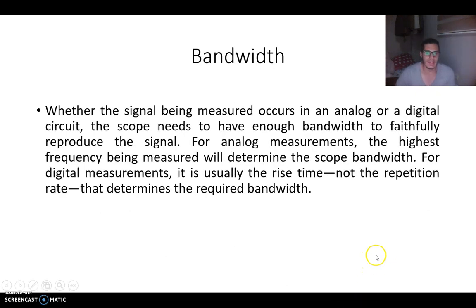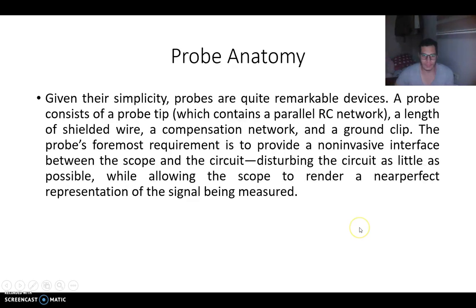Bandwidth: whether the signal being measured occurs in an analog or digital circuit, the scope needs to have enough bandwidth to faithfully reproduce the signal. For analog measurements, the highest frequency being measured will determine the scope bandwidth. Given their simplicity, probes are quite remarkable devices.